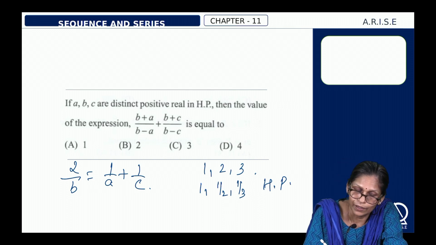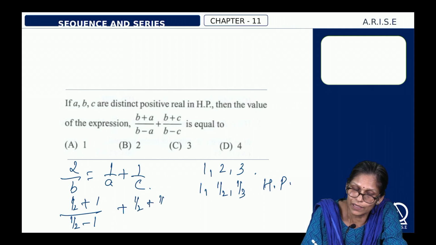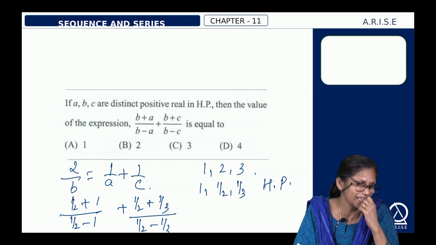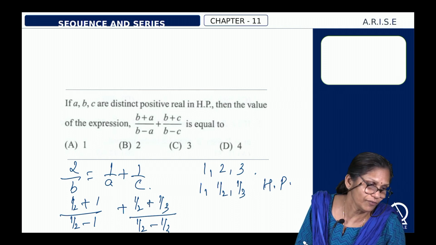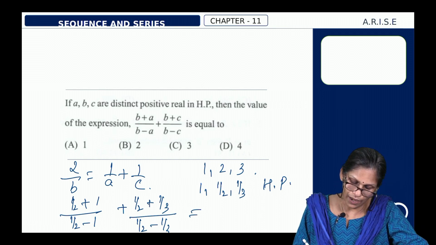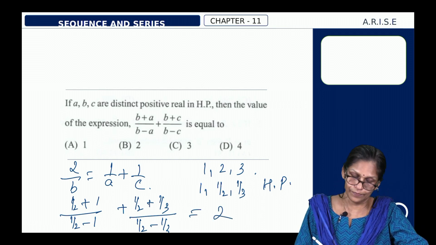B plus A, that is 1 by 2 plus 1, divided by 1 by 2 minus 1, plus B plus C, 1 by 2 plus 1 by 3, divided by 1 by 2 minus 1 by 3. So, just evaluate this, you will have 2 as the answer.